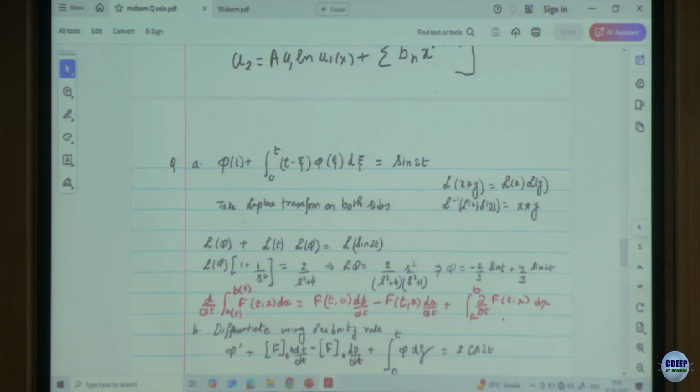All that you had to do was to take the Laplace transform on both sides and realize that Laplace transform of this convolution is the product of the Laplace transforms. That's all that needed to be realized. And you take Laplace transform on both sides and you get this, and use any of the online tools to go ahead and invert it, and you have the solution.